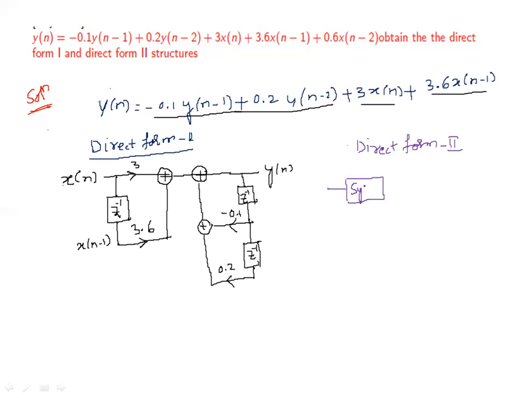This is system 2 and the next one is system 1, for which the input is x of n and the output is y of n. So this is what we are calling system 1, and this is our system 2. I'm just keeping system 2 as it is.